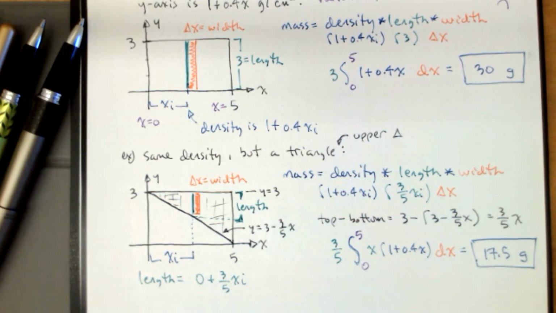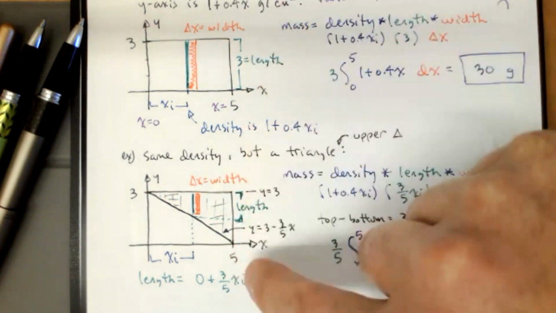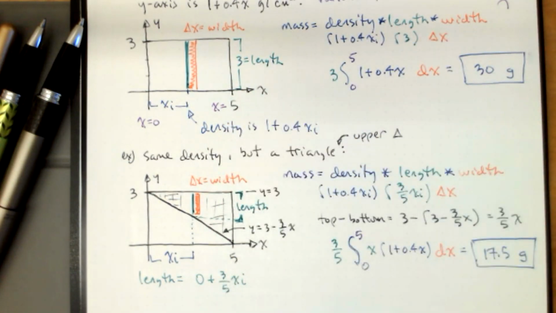So we've got to think, does it make sense that we have more than half the mass in this upper triangle? And since the heavier part of the rectangle is here where x is equal to 5, the upper triangle has more of the heavy end of the rectangle. So it makes sense that the upper triangle should have more mass, more than half the mass of the rectangle.